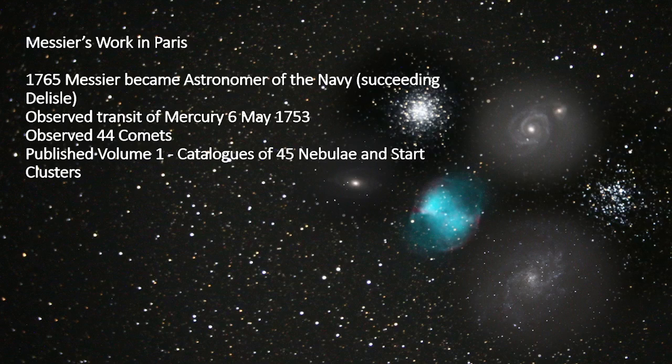Yes, he eventually succeeded Delisle as astronomer of the Navy, a position kept through the rest of his life. Messier's first documented observation was that of the transit of Mercury on the 6th of May 1753, followed by various other observations since then.